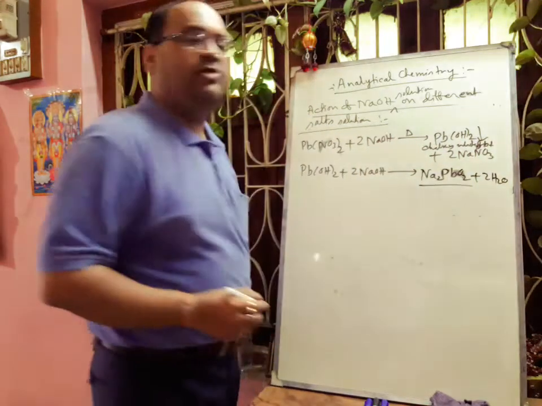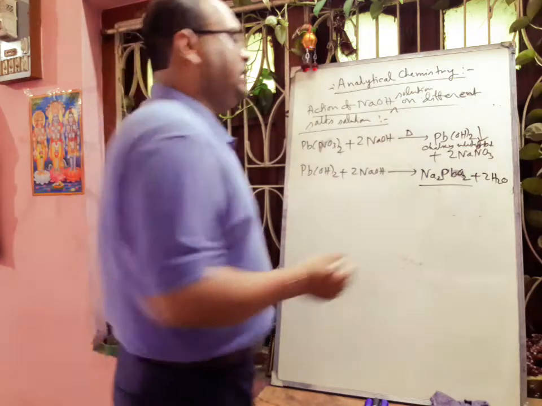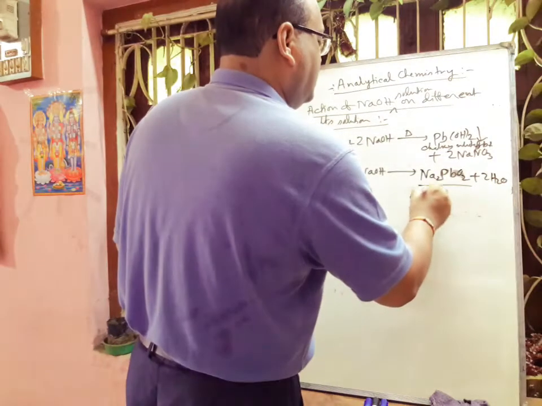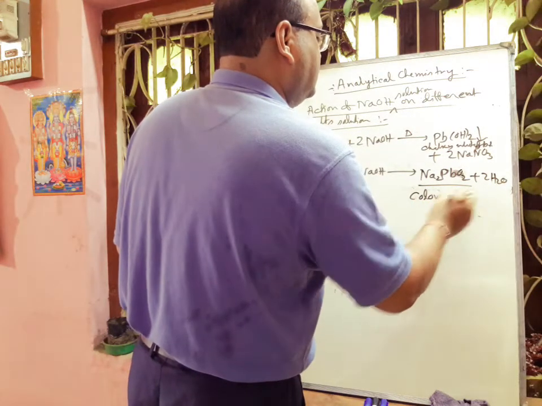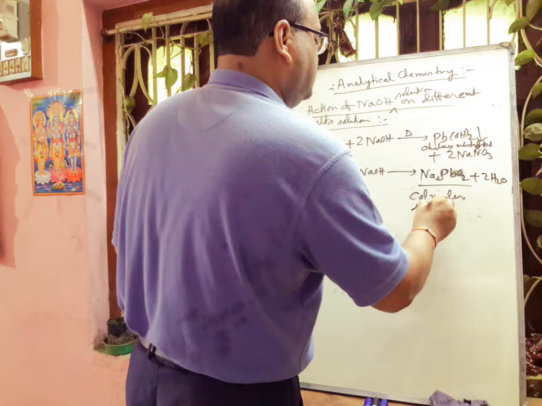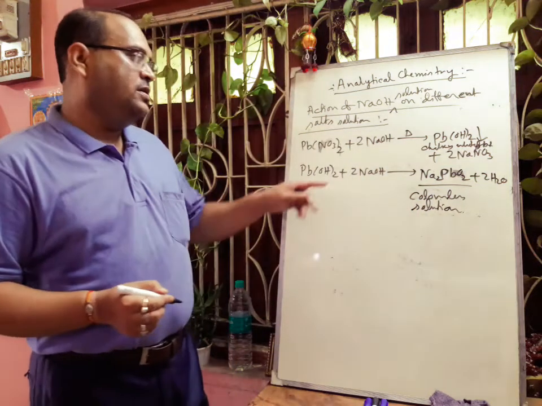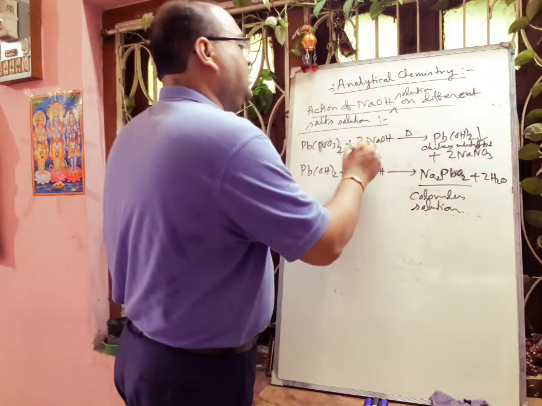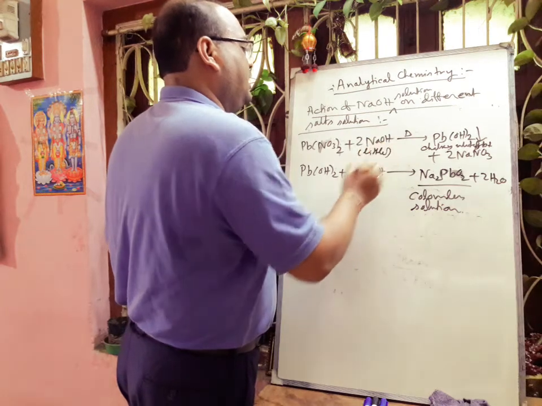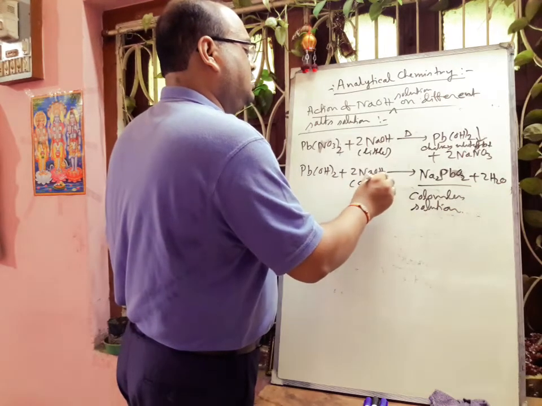Now this Na2PbO2 is also a colorless solution. Okay, so hope you can understand. So here sodium hydroxide we are using a little, and here we are using excess.